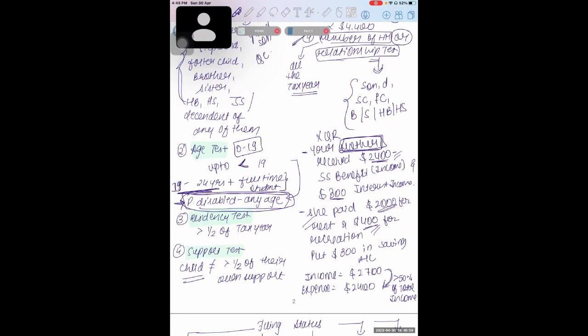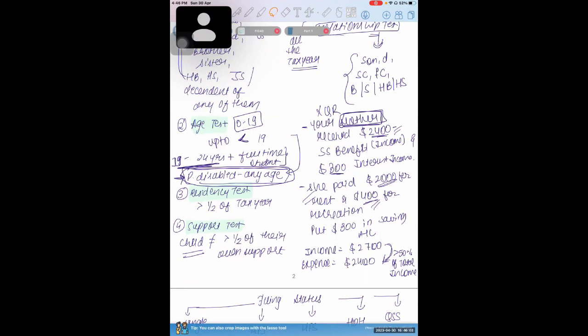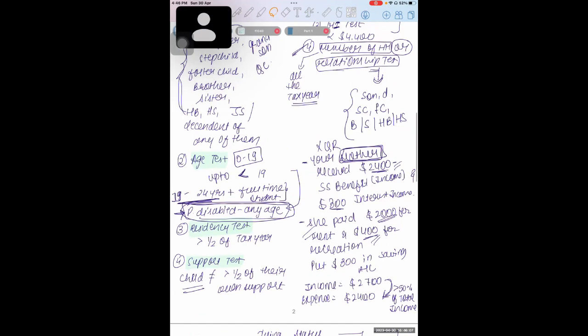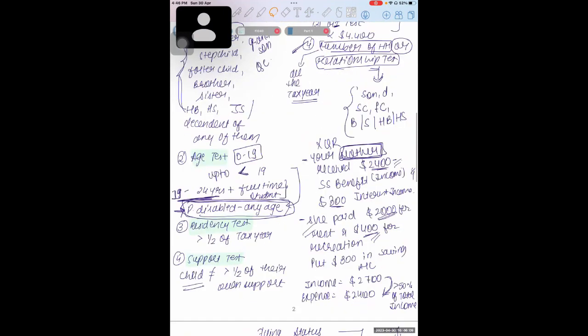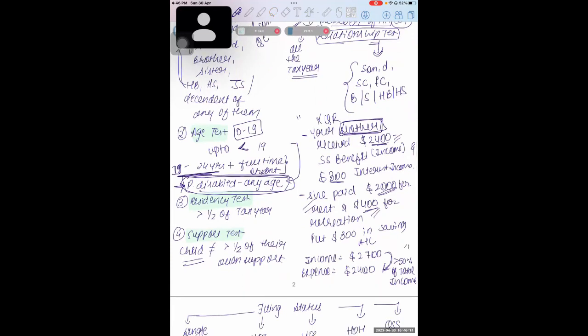Hina, are you clear? Okay, if you want to write this example, then please write it. I'll not delete it. It will be there on this page only. So you can relate this example while reading it.